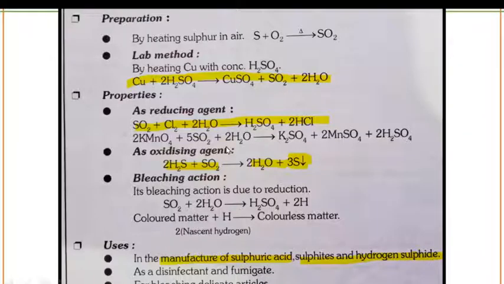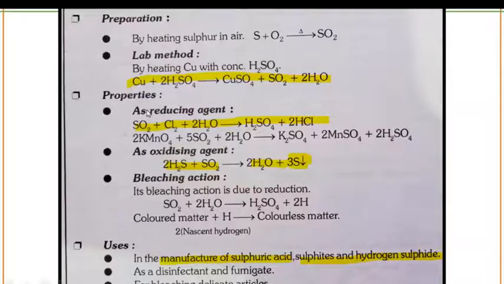By heating sulfur in air, when you react O2 gas with sulfur, you will get SO2 gas. But the lab method is when you heat copper with concentrated H2SO4. So copper with concentrated H2SO4 will form CuSO4 plus SO2 and 2H2O.